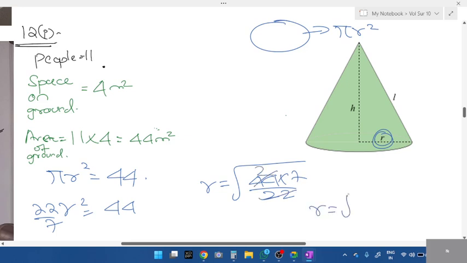What is r, students? R is equal to square root of. Okay, we'll just keep it as it is. Square root of 14.